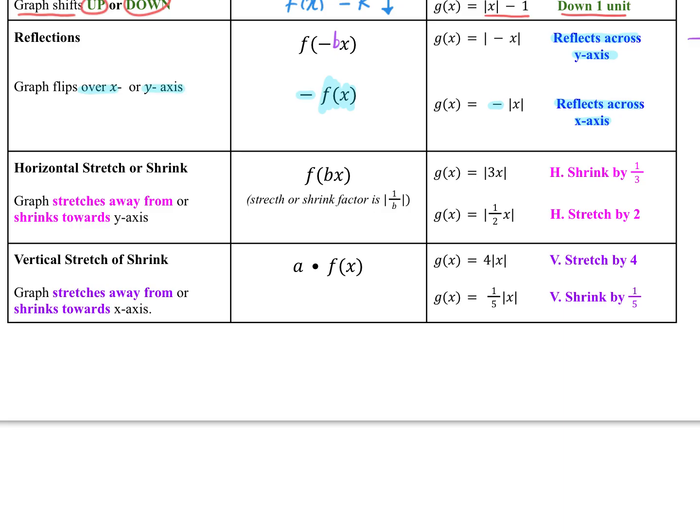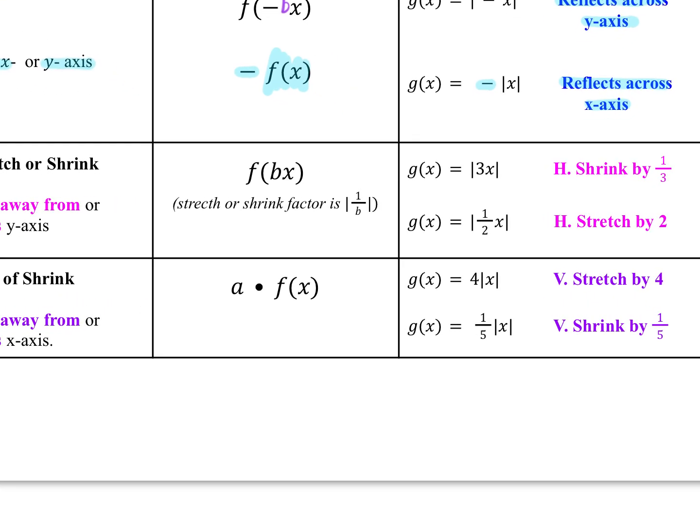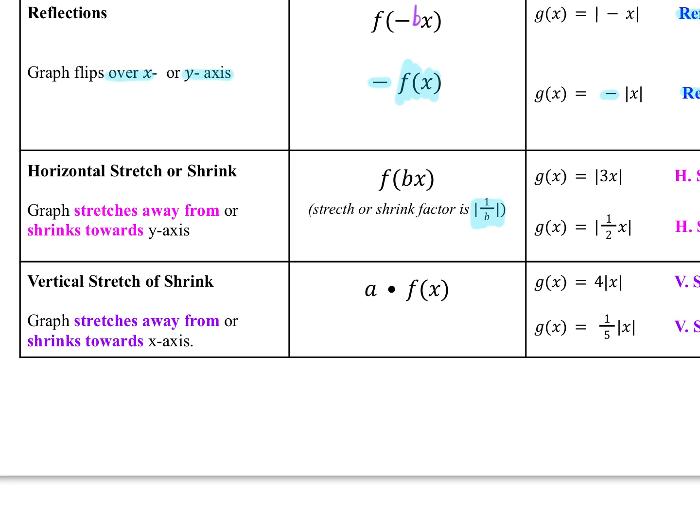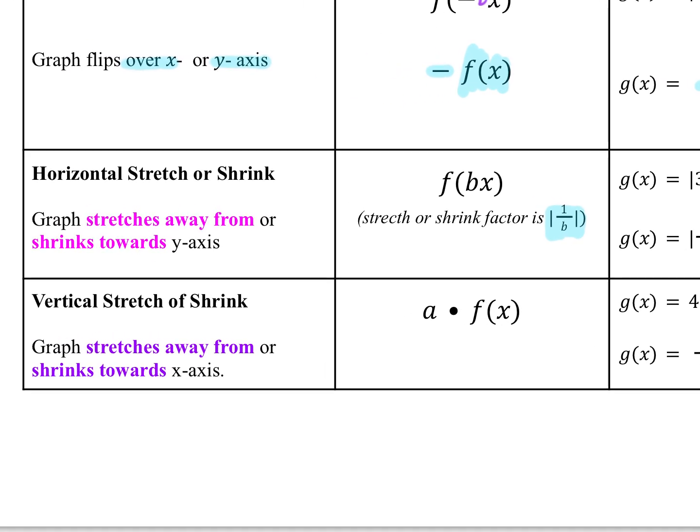In here it says that the stretch or shrink factor is 1 over b. I just would like you to take hold of this for a bit. Now when we say horizontal shrink or stretch, the stretch is going to be stretching away from the y-axis, while shrink is going to be shrinking towards the y-axis.